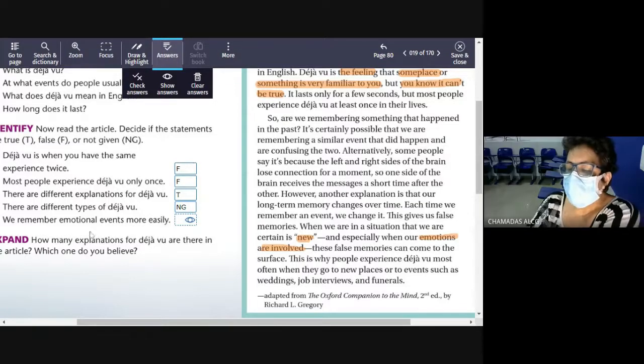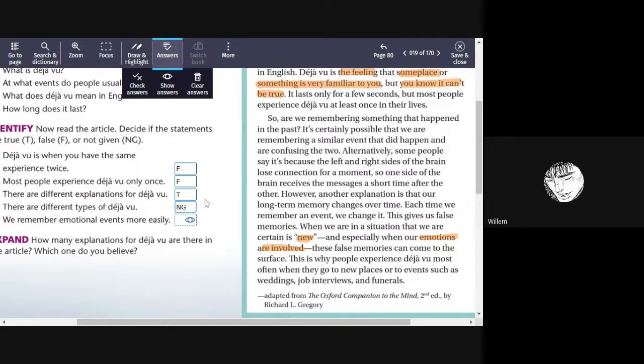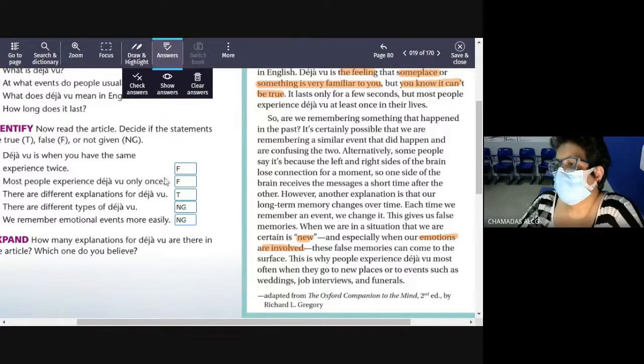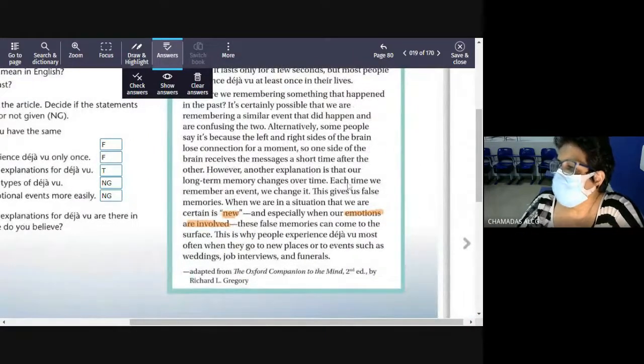We remember emotional events more easily. True. Here they say not given. They say that each time we remember an event, we change it. This is what they say.